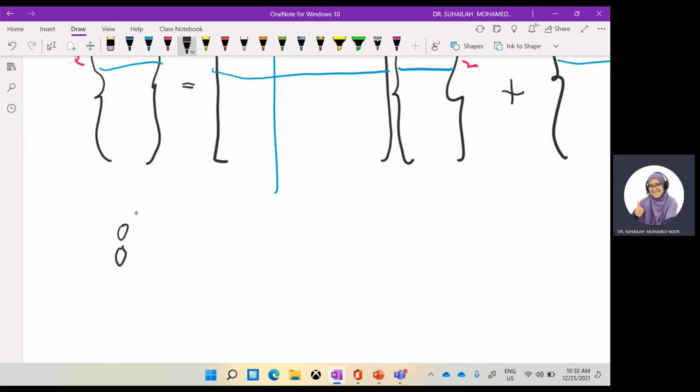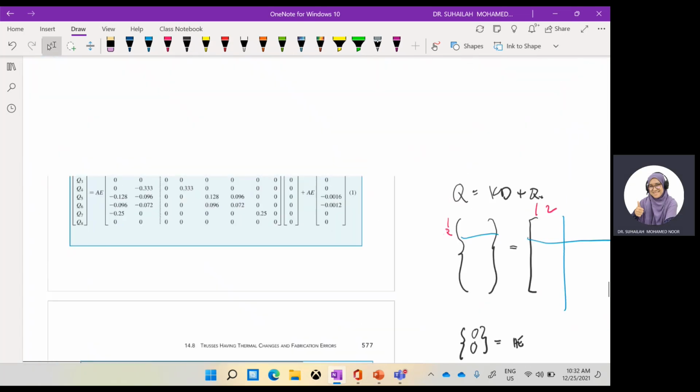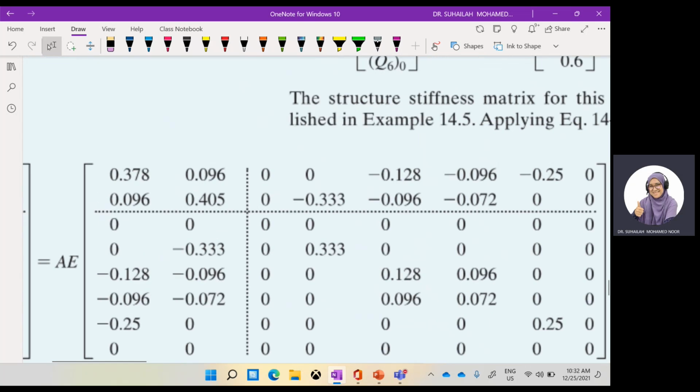So it is 0, 0 equal to AE times the K value.